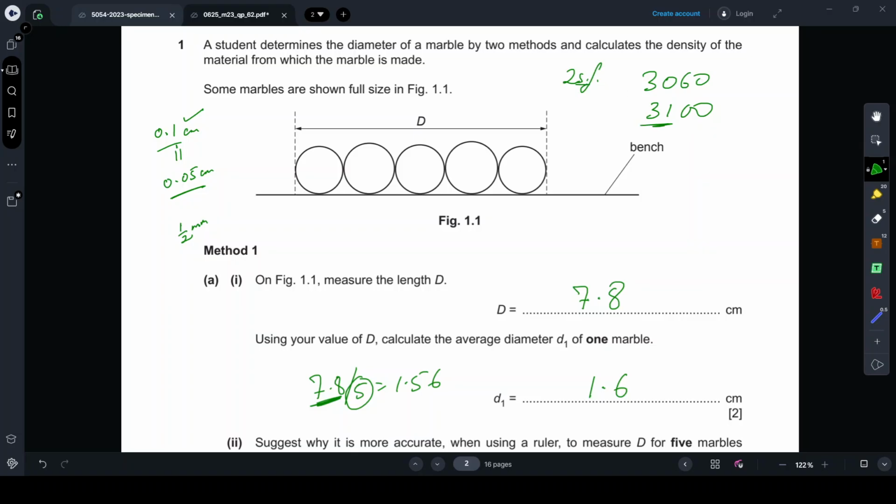And this is considered as 2 significant figures, because if you take this, this is 3 significant figures. Again, remember this 0 at the end is not considered, and similarly these 2 zeros at the end are not considered. So this is 3 significant figures, this is 2 significant figures, and so you're supposed to give your answer to a calculated value according to the least number of significant figures in your raw data for the calculation.